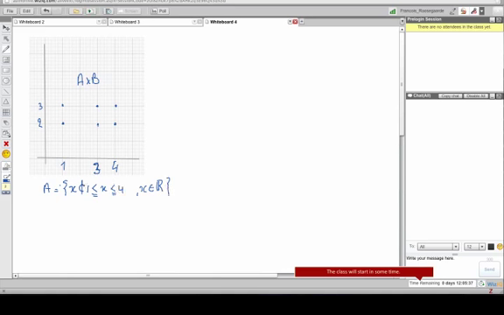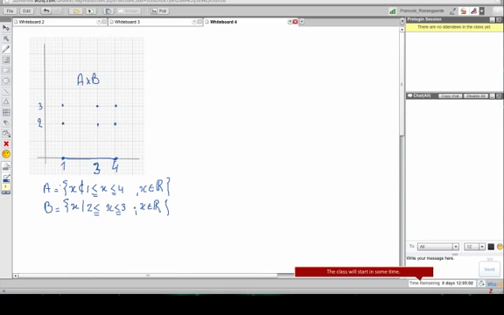So instead of having only these three elements, I have the interval going from 1 to 4, with 1 and 4 included. If I do the same with B, I have all the elements x, where x is an element of R, and every element is okay as long as it is between 2 and 3.